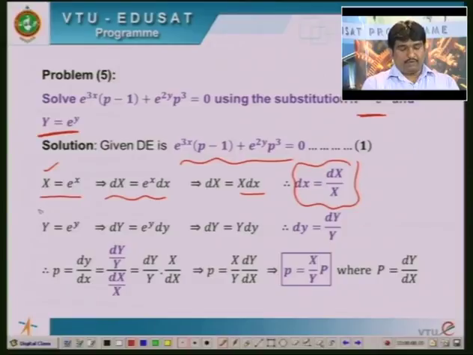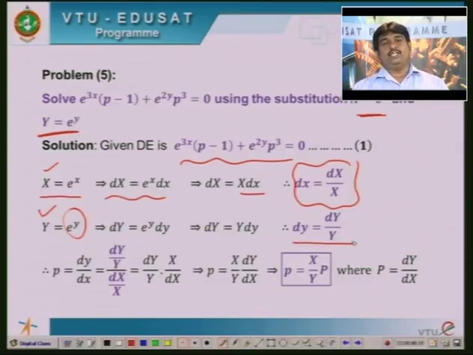Now the new dependent variable capital Y is e to the power of old dependent variable small y. Differential of this is dY equals e to the power of y into dy, which implies small dy equals d capital Y divided by capital Y.